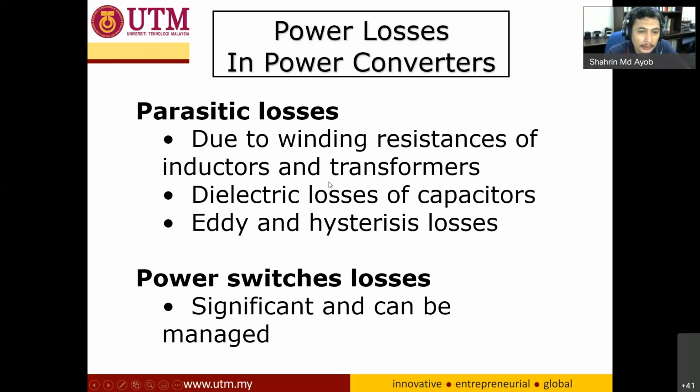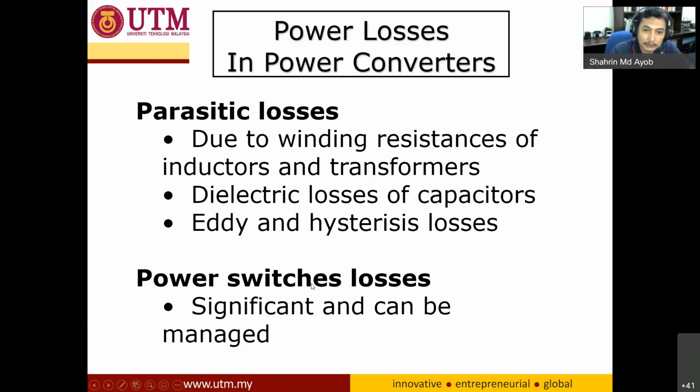The second general losses associated with power electronics come from the power switches themselves. These losses are very significant, but however we can manage them, or we can try to reduce the loss.